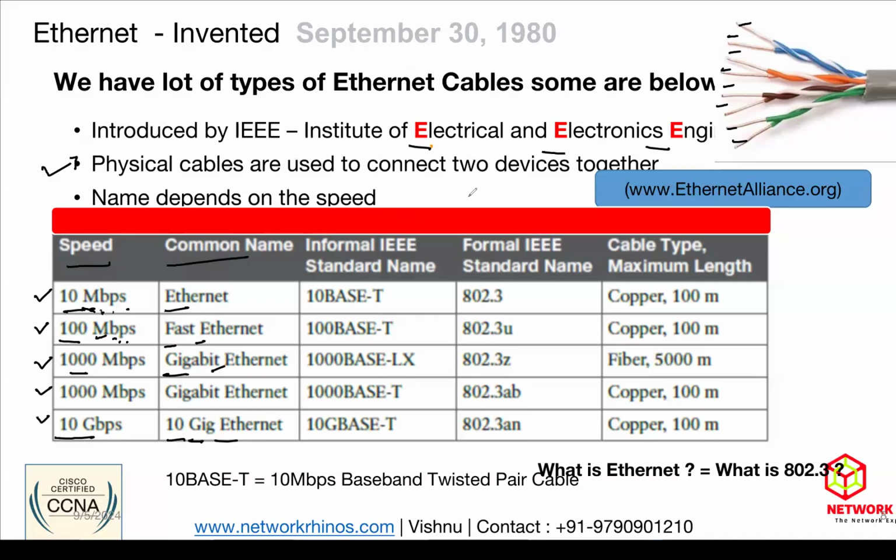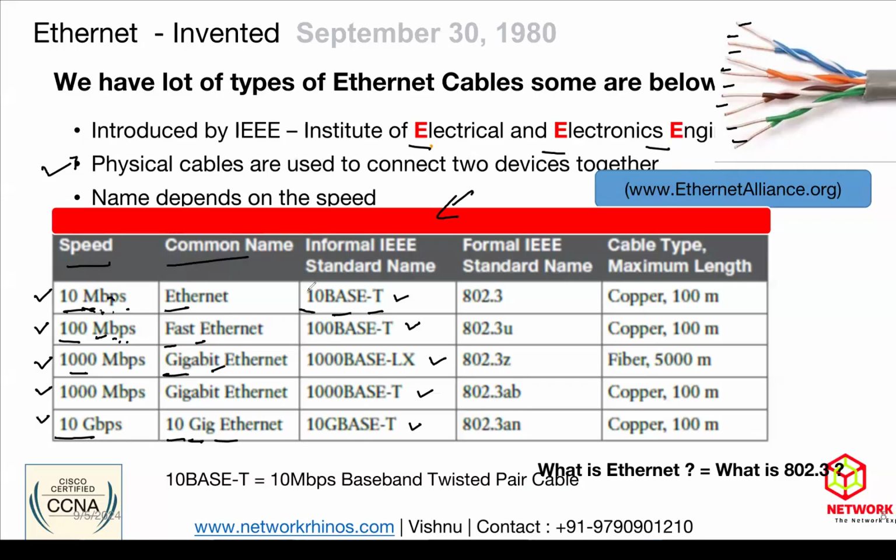Then we have informal names also: 10BASE-T, 100BASE-T, 1000BASE-LX, 1000BASE-T, and 10GBASE-T. What does 10BASE-T mean? 10 means 10 Mbps.